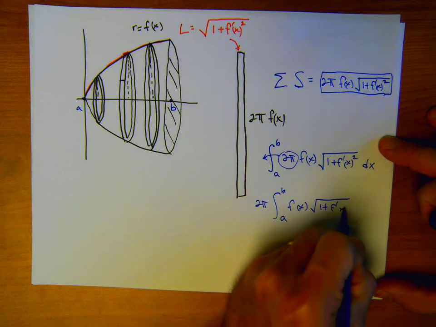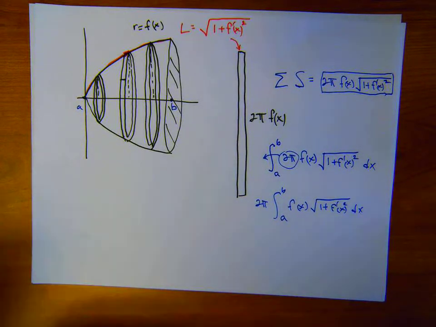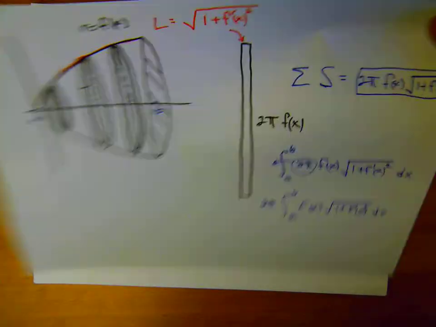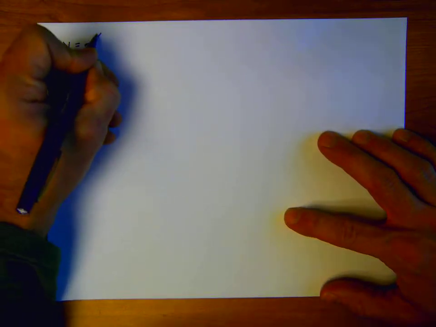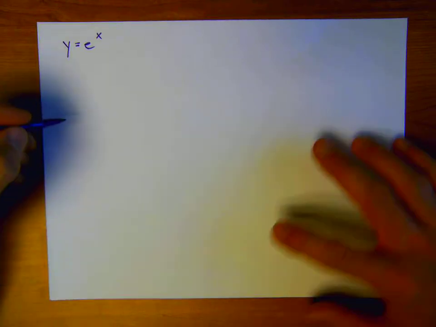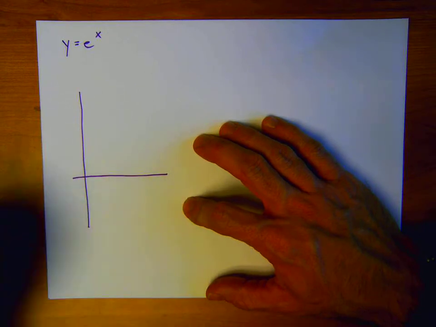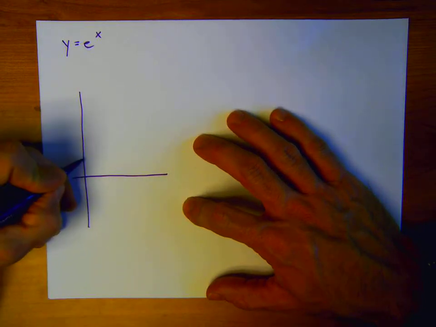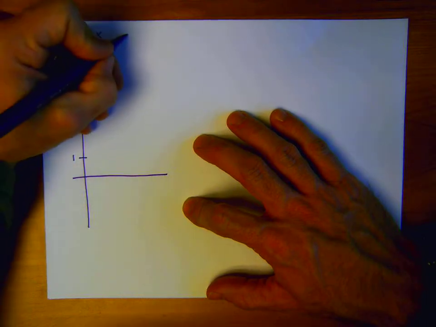Okay, so now let's look at one quick application of how we might use this formula. I want to take a look at if we were given the function y equals e to the x, and we want to look along 0 to 1.